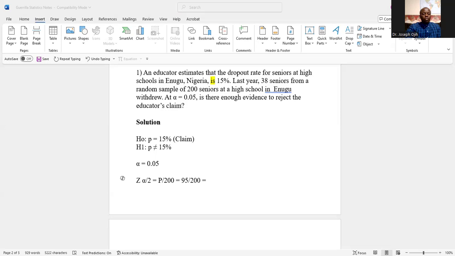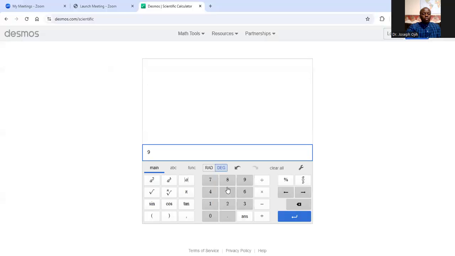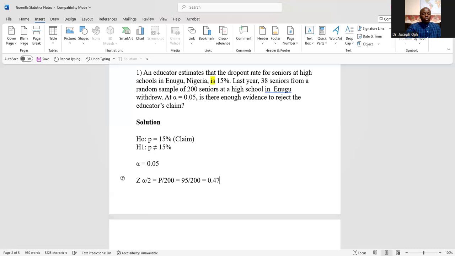I'm going to share it. 95 divided by 200 is 0.475. Because the table of normal distribution has 4 figures, that's why I make it 0.4750.